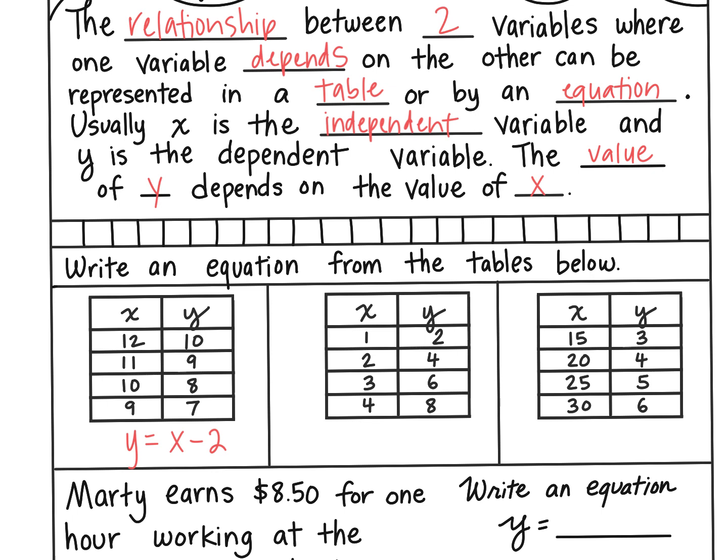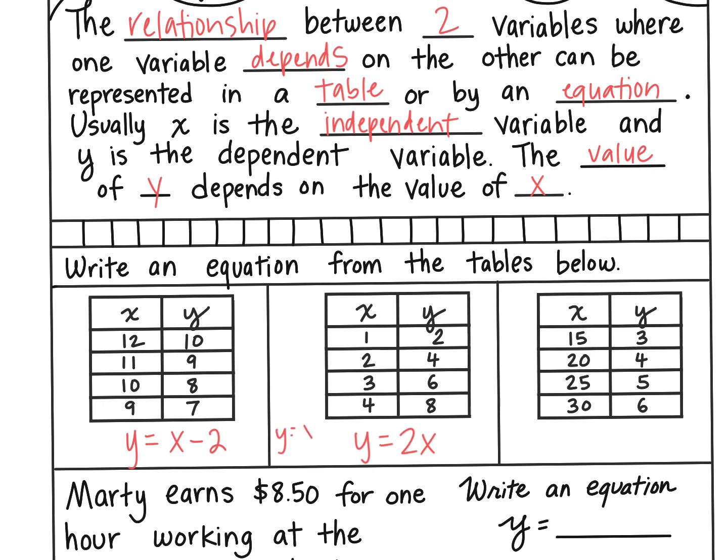Okay, the next one, looking from 1 to 2, 2 to 4, 3 to 6, what is happening? I'm doing 2 times X. So my equation is Y equals 2X. Or is there anything wrong with writing Y equals X times 2? No, you can do that too, but it looks a little confusing.